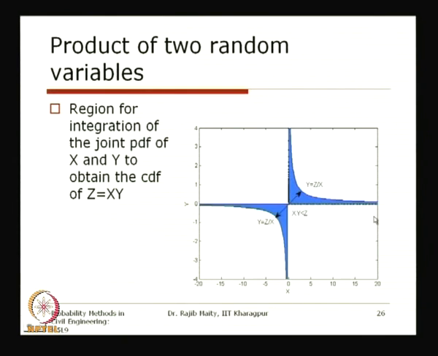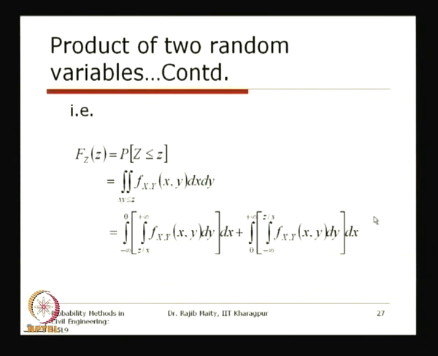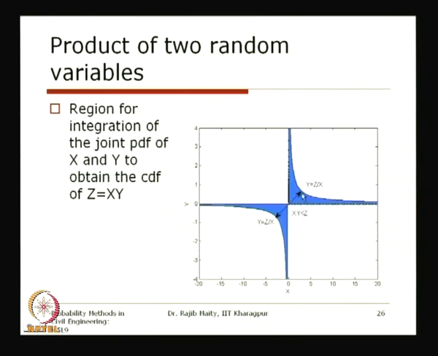Now, for the right hand side, if we want to express the other expression, we take first with respect to y, and this should now be upper bounded, and the upper bound is z by x. So, from minus infinity it will go to that upper bound.